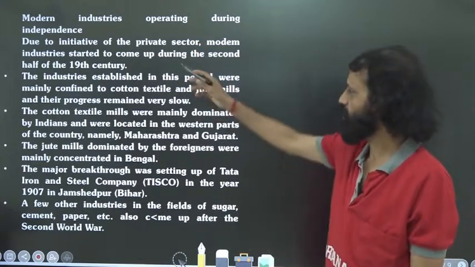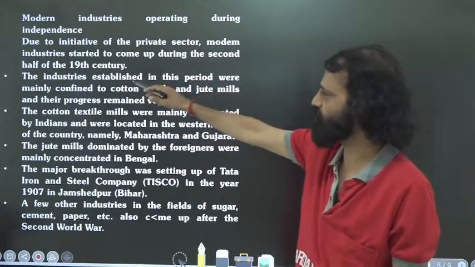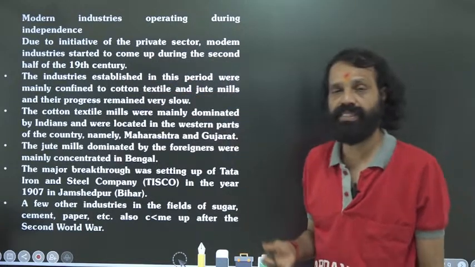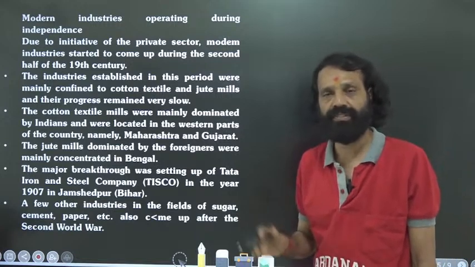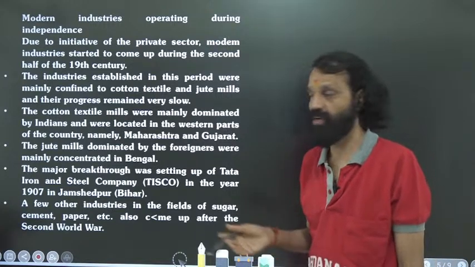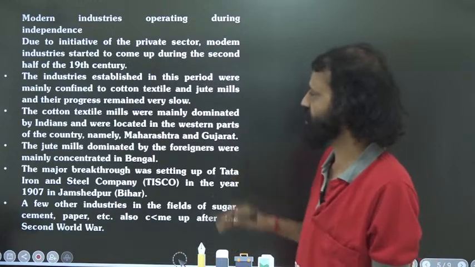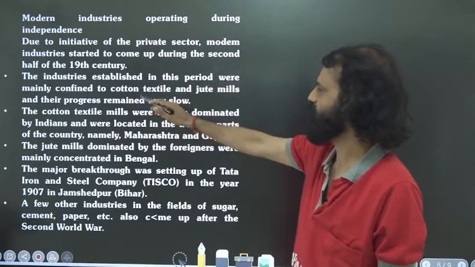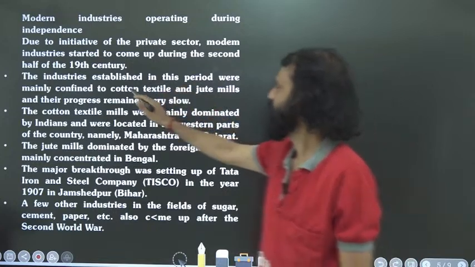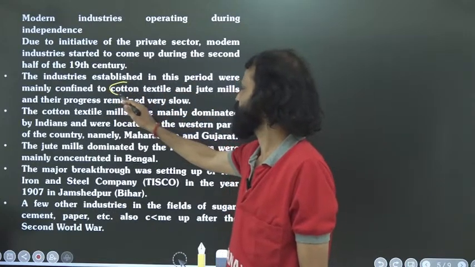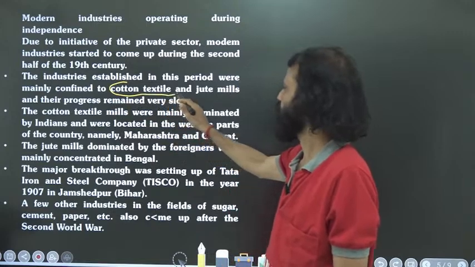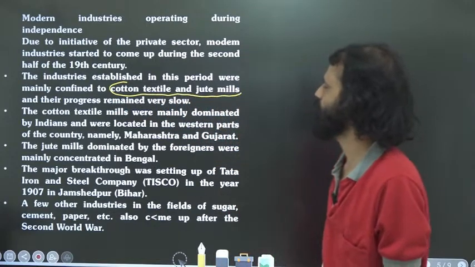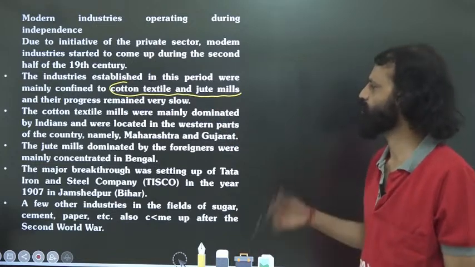During the second half of the 19th century, more private companies came to India and started their industries here. The industries established in this period were mainly confined to cotton textiles, and jute mills.